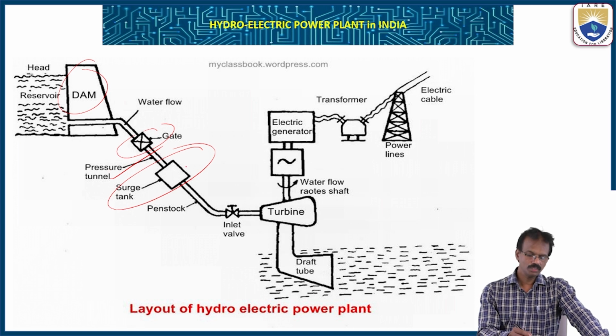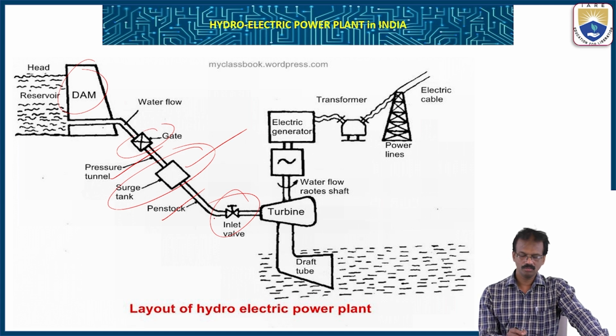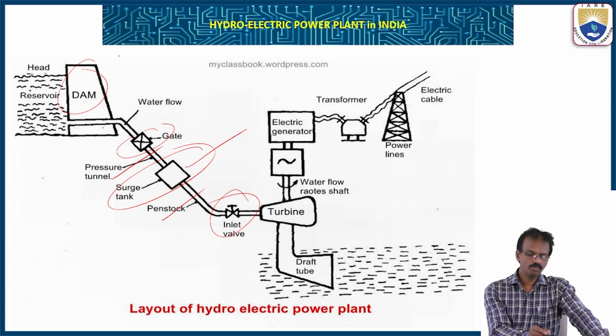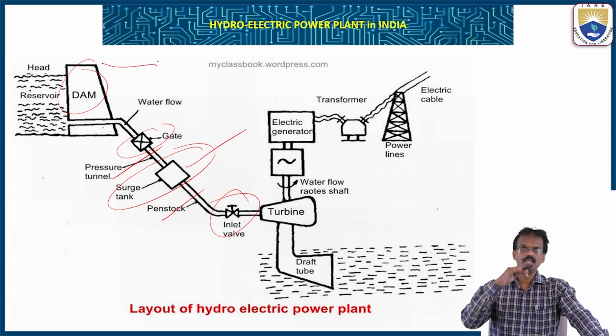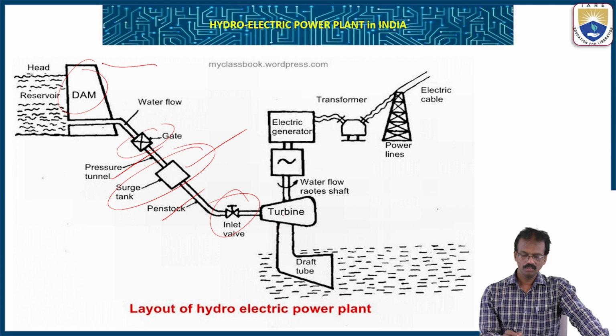From this surge tank, the water is passed through the penstocks to the inlet valve. This high-pressure water is passed to the turbine. Due to this pressure of water, from the high place, the potential energy of water is converted and used to run the turbine.